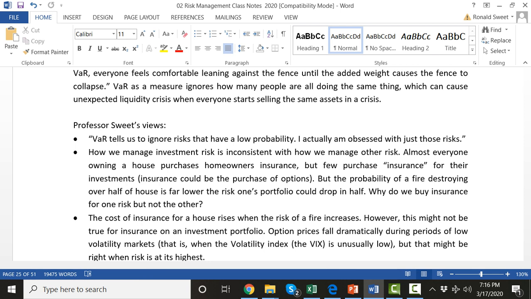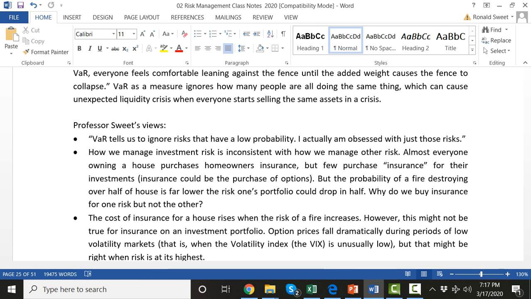I'm going to assume $1 million is my worst case scenario because anything that happens less than 1% of the time, I just don't care about. Well, I don't like a risk measure that says ignore those low probability events because those are actually the risks I'm most worried about. Especially now since I'm retired and living off my portfolio, I'm most concerned about those downside risks, those tail risks.